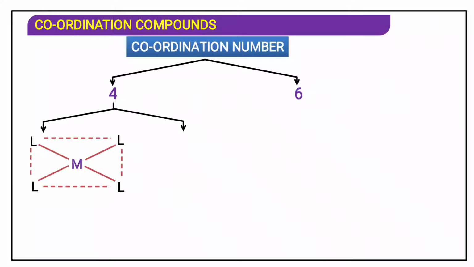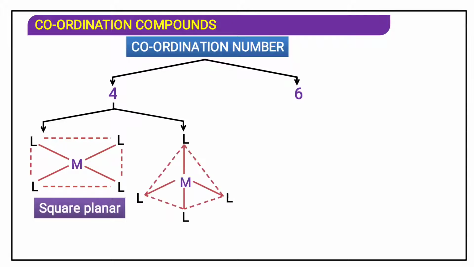Now this is M, the central metal atom, and this is an atom or group of atoms which donates a pair of electrons to the central metal atom. According to Sidgwick theory, each ligand donates a pair of electrons. With 4 ligands, the geometry can be square planar or tetrahedral.